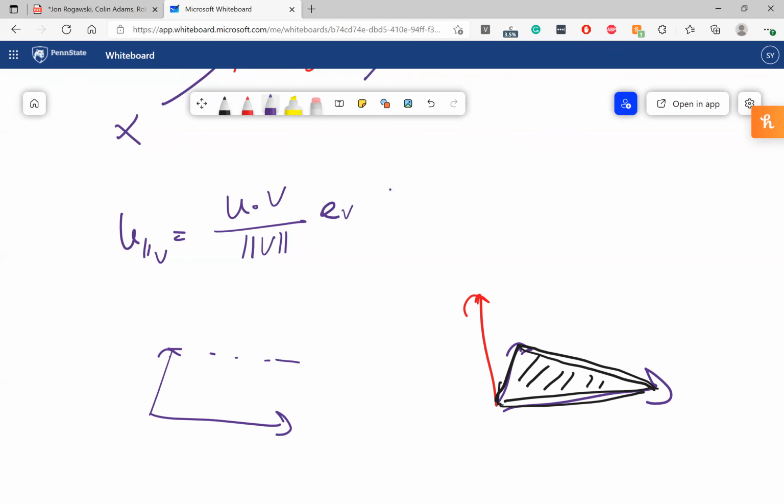Or in other words, finding areas. So again, two important things: finding normal or orthogonal vectors, and finding area. Okay, any questions?